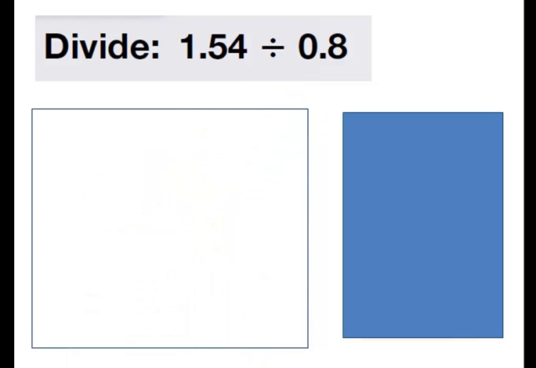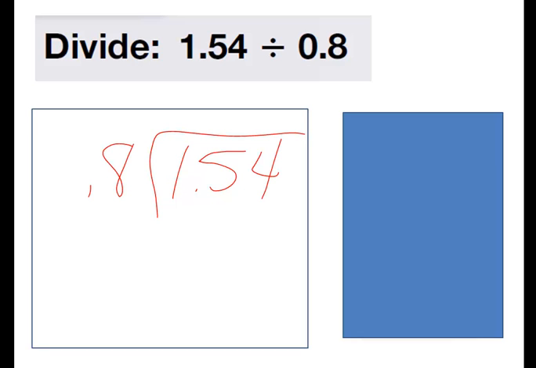All right, one more time. So 1.54, I'm sorry about that, divided by 0.8. I was used to them being so simple. I got a hard one that confused me. All right, let's move our decimal over. Okay, 8 goes into 15 one time. 1 times 8 is 8.